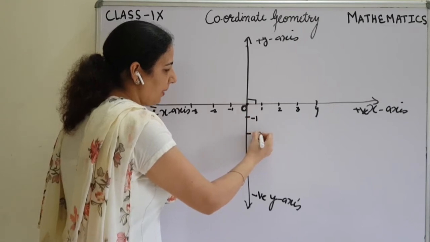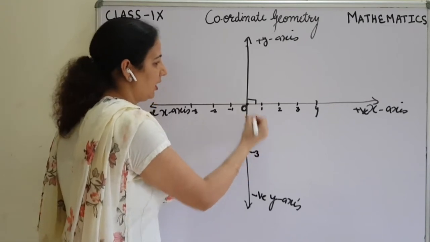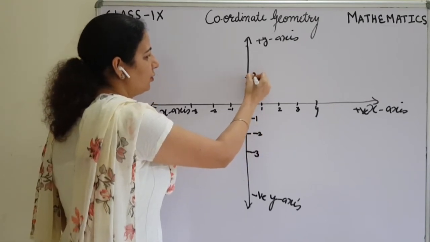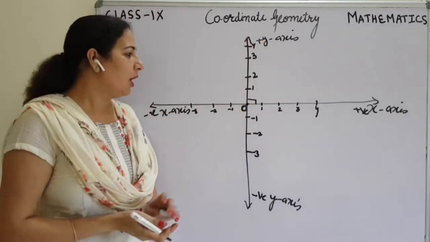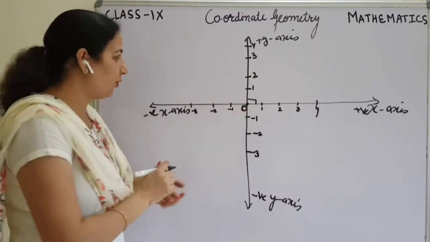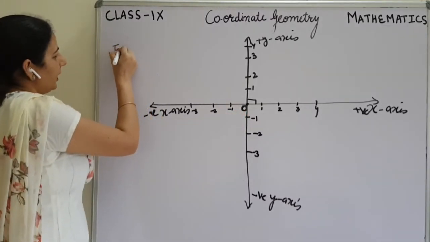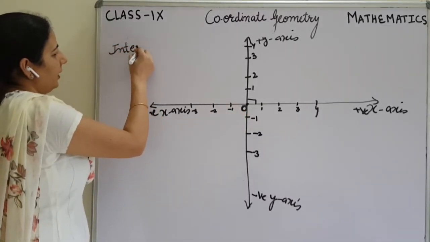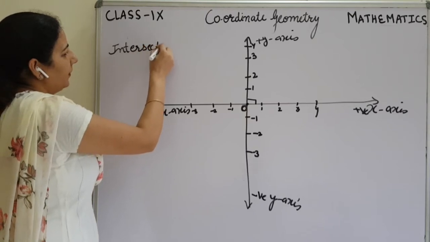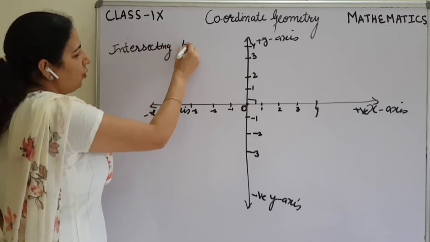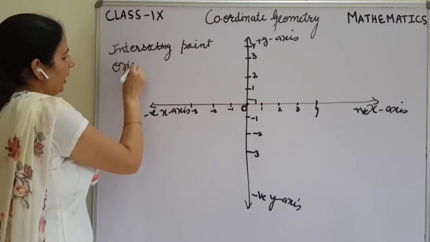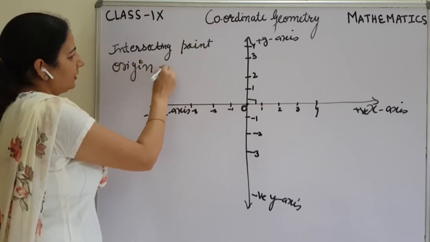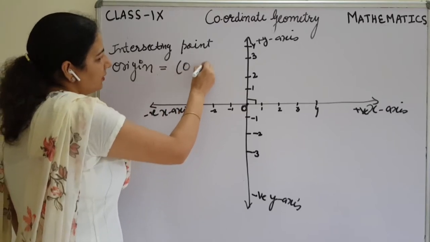The intersecting point is known as the origin, and the coordinates are 0, 0.